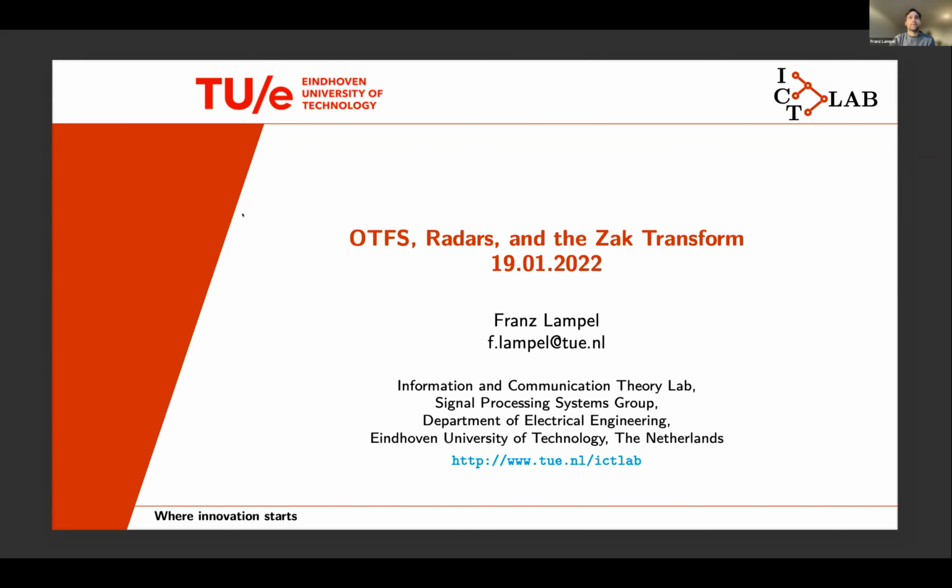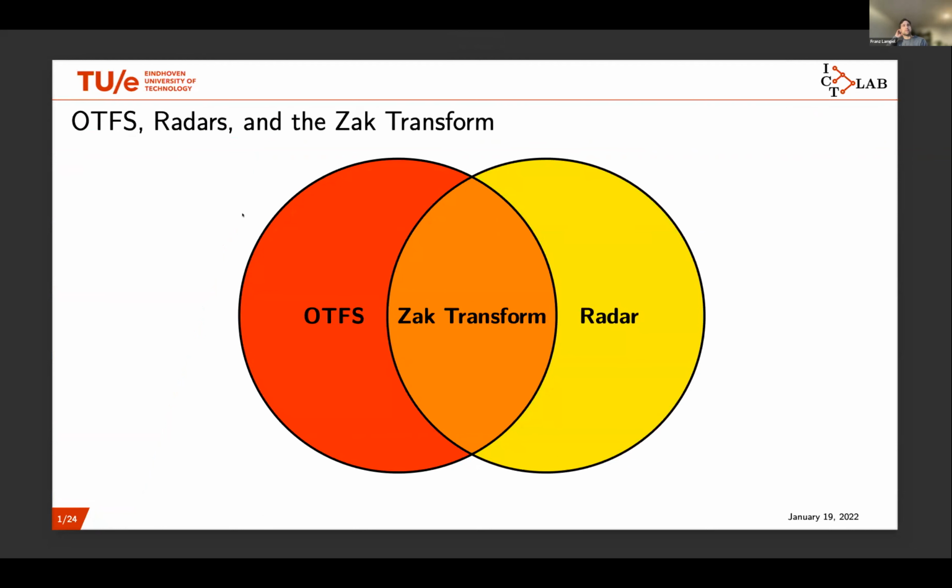So to get started, I was in a project with NXP looking into FMCW radars and communication, but at one point I also came across this OTFS waveform. And in this talk, as I mentioned before, I'm going also to talk about radar. And there's, I would say there's an intersecting part, which is the Zak transform, which can be used to describe both.